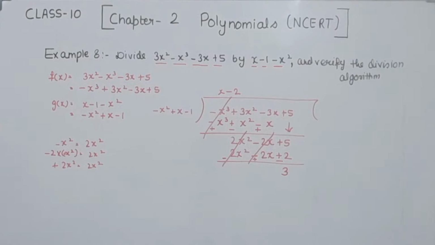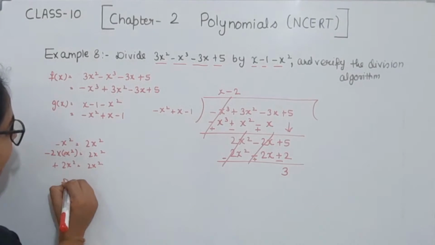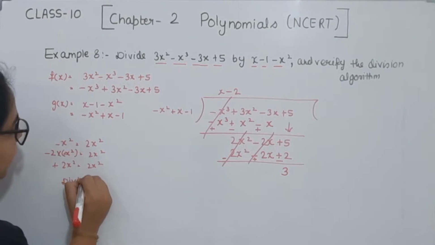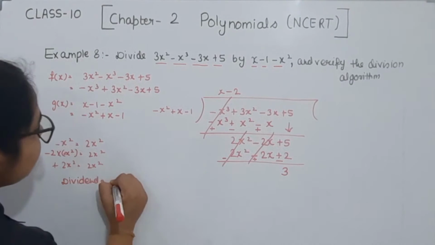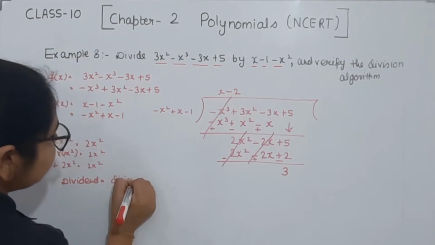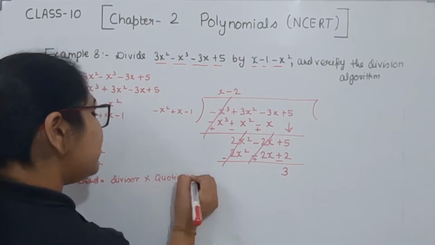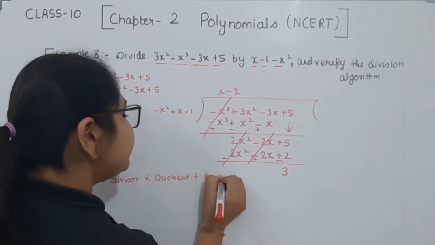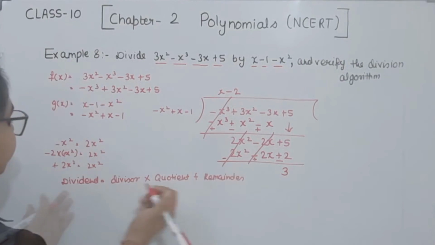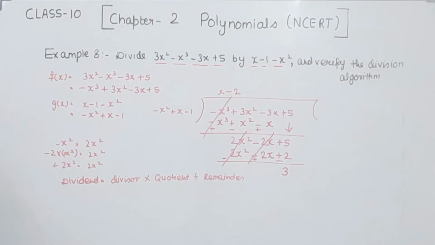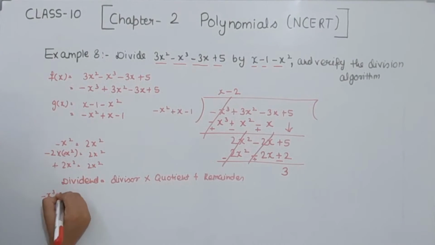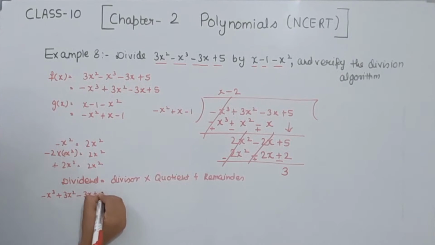Now we have to verify it. We are having the dividend as equal to the divisor multiplied by quotient plus remainder. So we will write the dividend first. The dividend is minus x to the power 3 plus 3x square minus 3x plus 5.